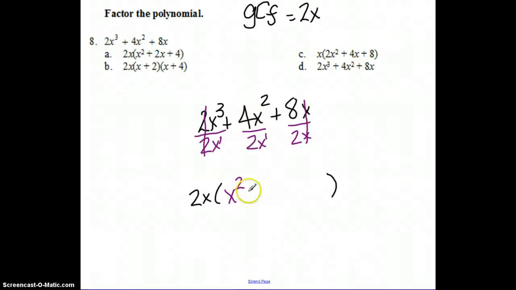This one, 4 divided by 2 is 2. There's an x here, and I take away 1, I'll be left with 1. And then 8 divided by 2 is 4. So on 8, I only have this 2x squared that's out here, and then this x squared plus 2x plus 4. So that means it would match A.